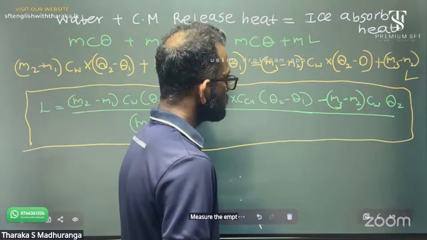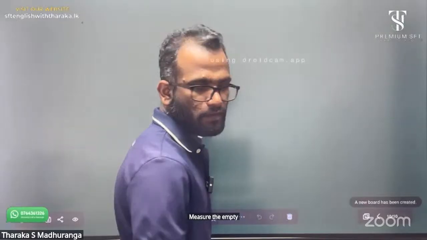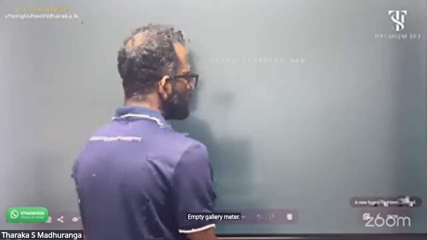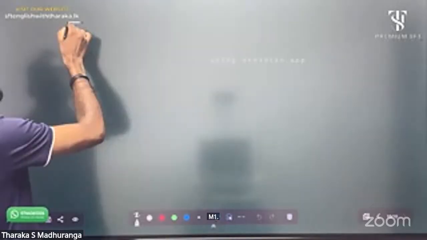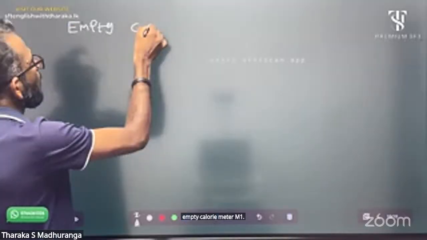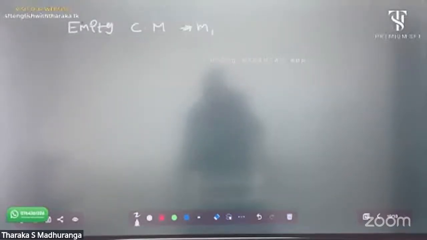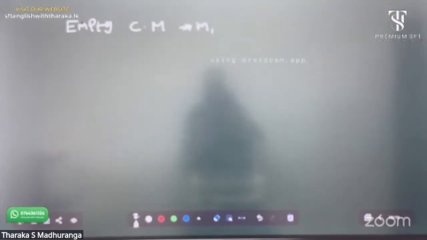Empty calorimeter, M1. Right, empty calorimeter M1.